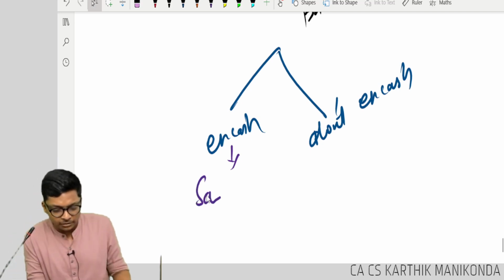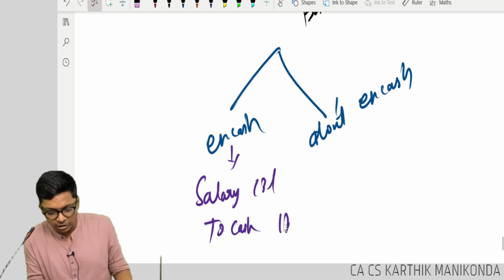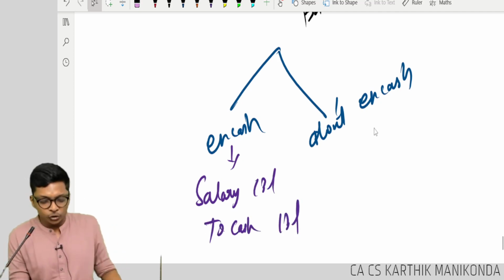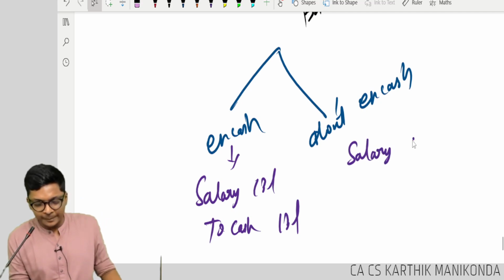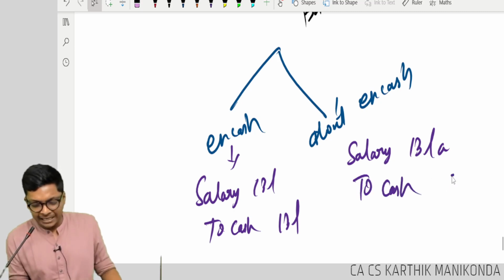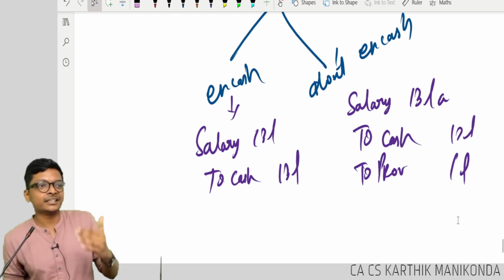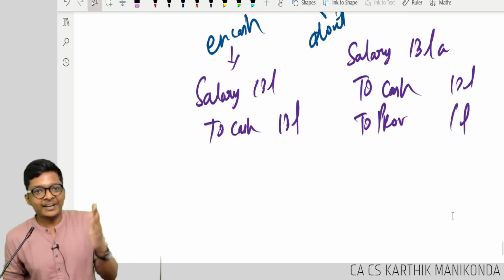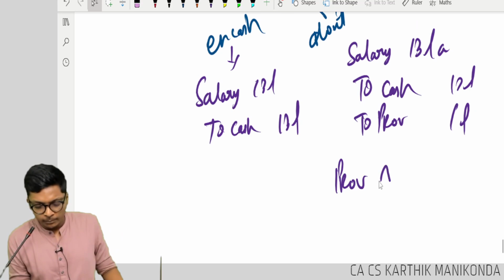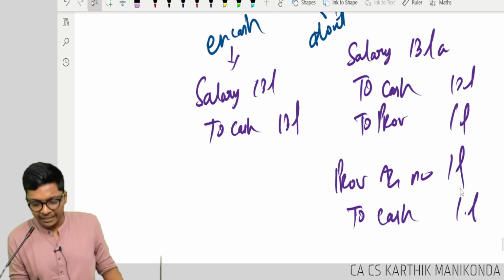That time your entry will be salary 13 lakhs to cash or bank 13 lakhs. If you don't encash, still it will be salary 13 lakhs to cash 12 lakhs and provision 1 lakh. When you encash, next year or after 2 years, whenever you encash, provision account debit to cash or bank 1 lakh.